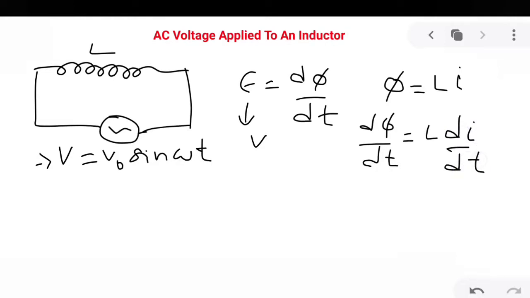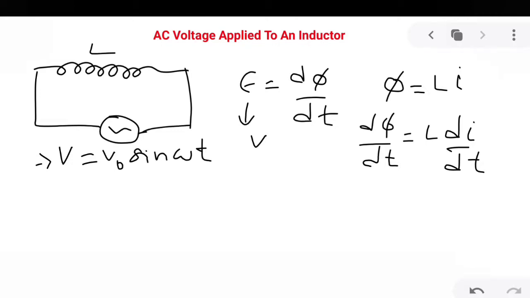L is the self inductance and it is a constant for a given coil, because it depends on the nature of the coil, the number of turns, its cross sectional area, and so on. So L is constant and is taken out of the differentiation. We are measuring the rate of change in current, so d phi by dt is equal to L times di by dt.